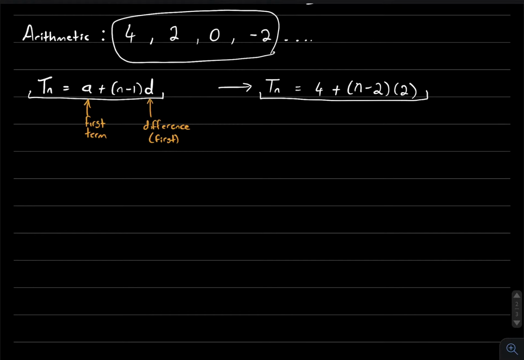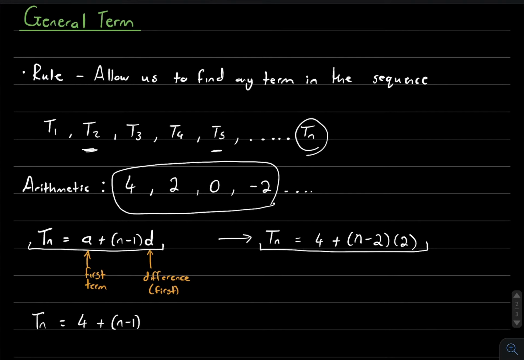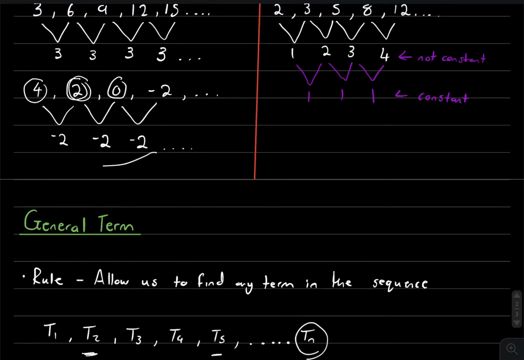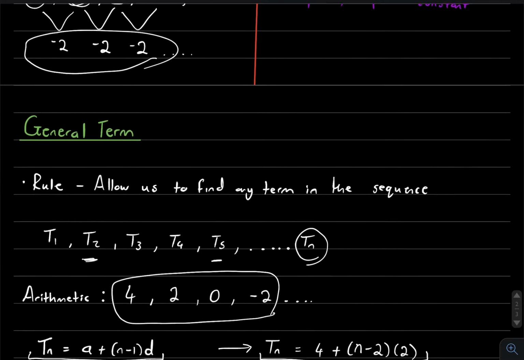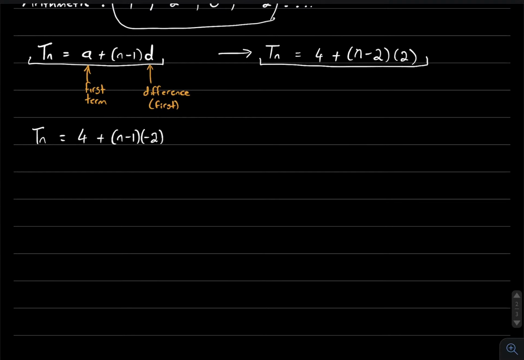So let's do a bit of substitution. We'd find that Tn will be equal to a, which is the first term, that's 4, plus (n minus 1) times the difference. We found the difference previously to be equal to negative 2. So we go and plug that in, negative 2.